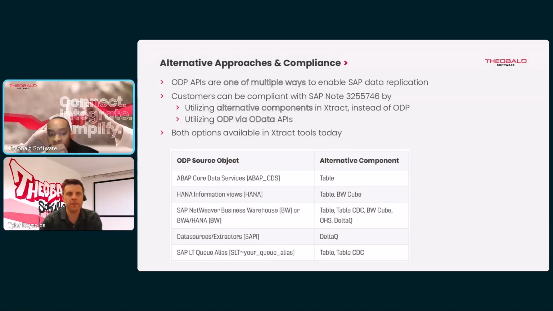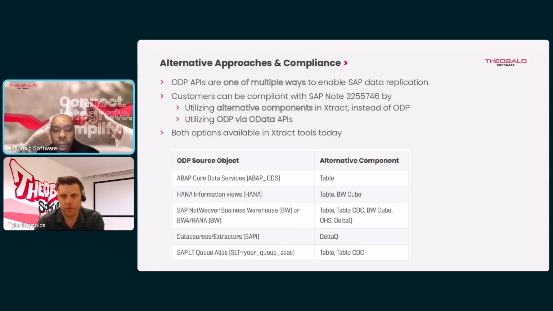Yes. So for customers that currently have Xtract Universal, within all of these providers, we had these source objects built in one framework, which was ODP. After the note, as we are adhering to the compliance for SAP, we have a number of alternative components, as you see listed here. We have table specifically for ABAP Core Data Services.